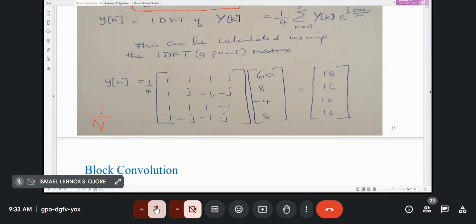The only difference is the position of this minus j and plus j. Remember the other one, this was minus j, and this was plus j. Now this becomes plus j, minus j. That's the only difference between the DFT and IDFT when you use the N-point matrix.